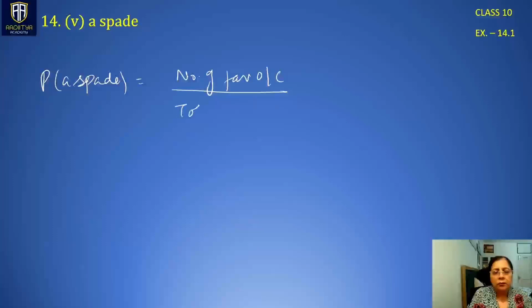And then we have total outcomes. Favorable outcomes, here we are looking for spade cards and we have favorable 13 spade cards and total cards are 52. So the probability of drawing a spade card is 1 by 4.